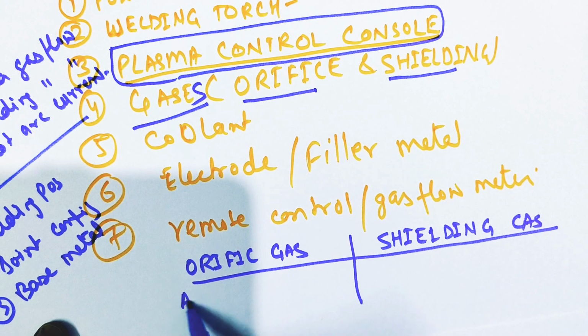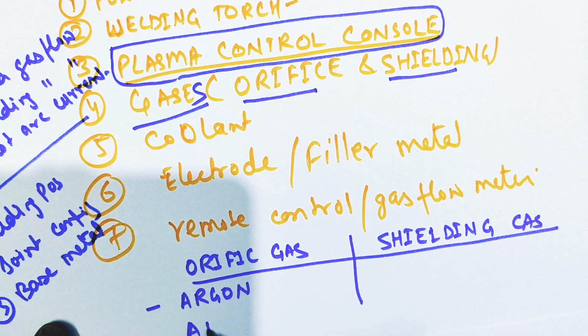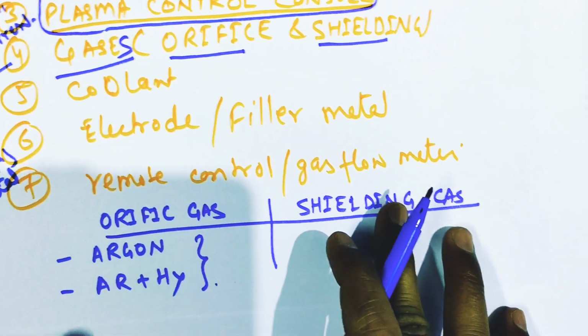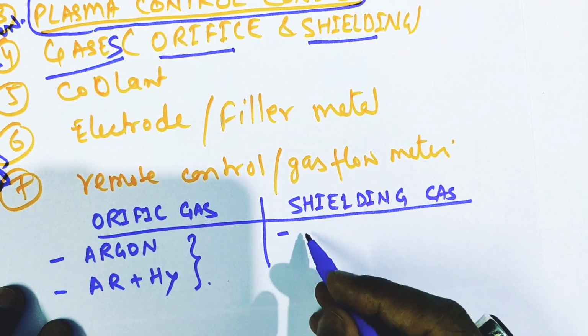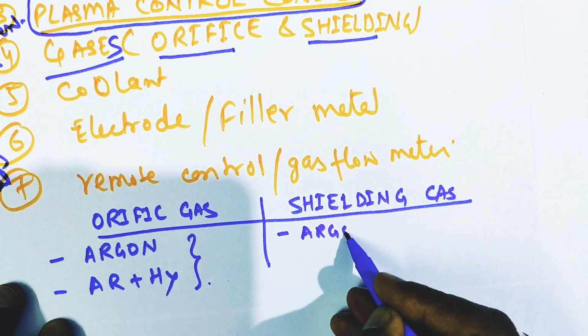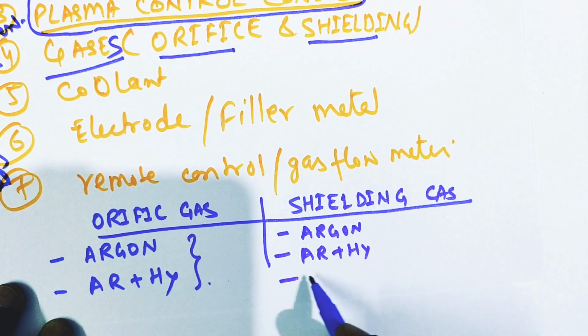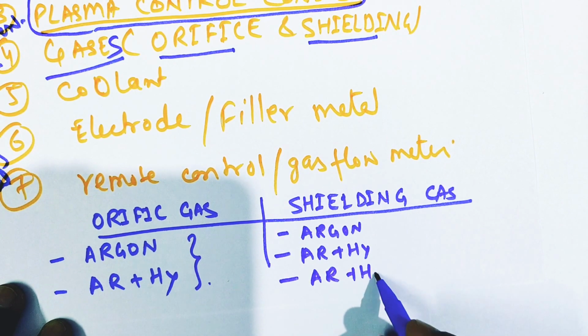For orifice gas, normally we use argon, or a mixture of argon plus hydrogen. These two are the preferred orifice gases. And for shielding gas, we use argon, or a mixture of argon plus hydrogen, or a mixture of argon plus helium.